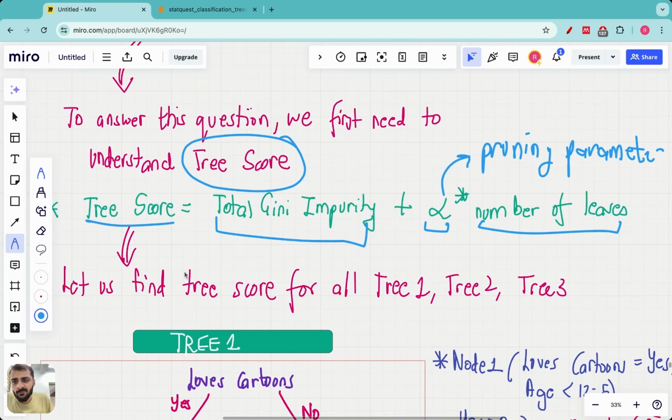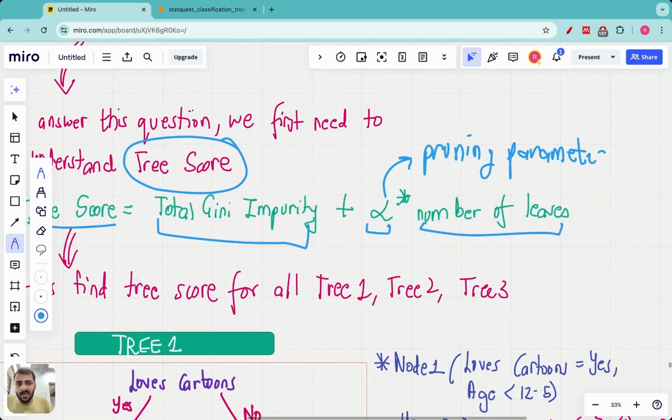But basically, if you have a classification tree, the tree score is the summation of the total Gini impurity plus alpha times the number of leaves. So here we are penalizing the number of leaves. The more the number of leaves, the higher the tree score is going to be. So in general, our goal will be to reduce or minimize the tree score as much as possible.